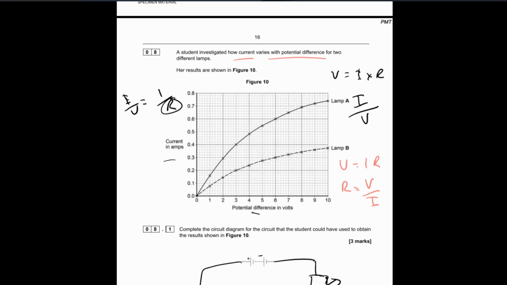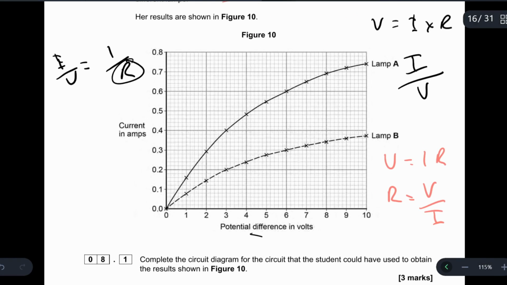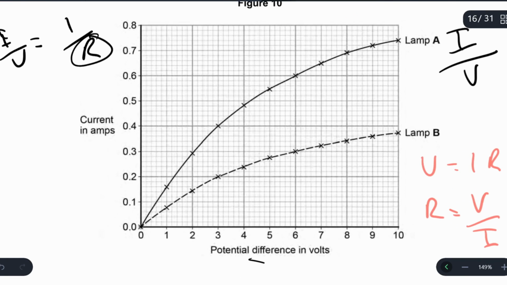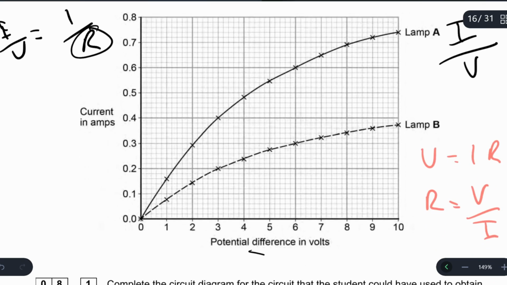So you should get a constant gradient, which would look like a straight line. You wouldn't get a curve. So essentially we're looking at the portion of this graph for which lamps A and B have straight lines. It's quite easy to see. Let's look at lamp B first. For lamp B, up to about 3 volts, you've got a straight line.